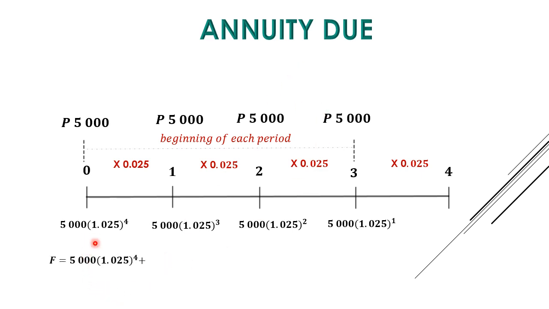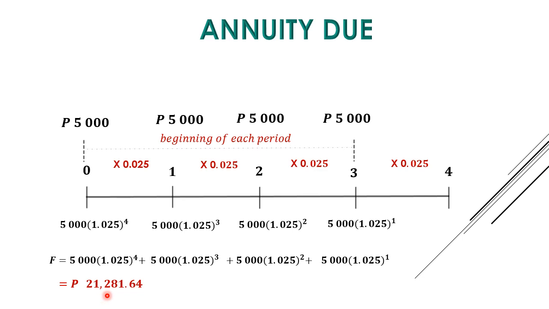If we add it up, that would be the future value of our annuity due. So let's sum it up: 5,000 times 1.025 to the power of 4 plus 5,000 times 1.025 to the power of 3 plus 5,000 times 1.025 to the power of 2 plus 5,000 times 1.025 to the power of 1. If you have your calculator with you right now, try to solve this, and we get a result of 21,281.64 pesos.